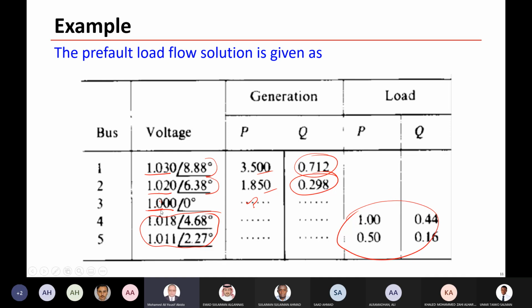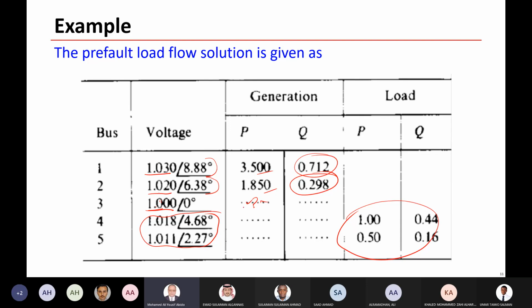Of course, this is the slack bus, and at the end of the load flow you calculate the slack bus power here. Yani we have a number here which should come from the load flow.